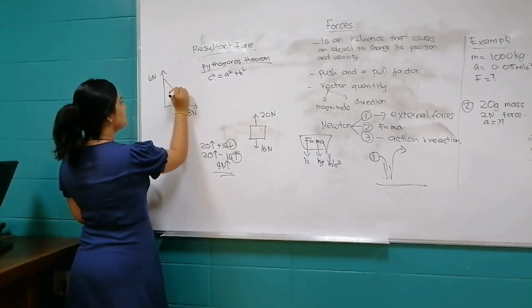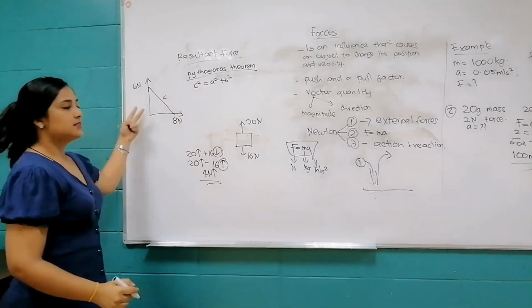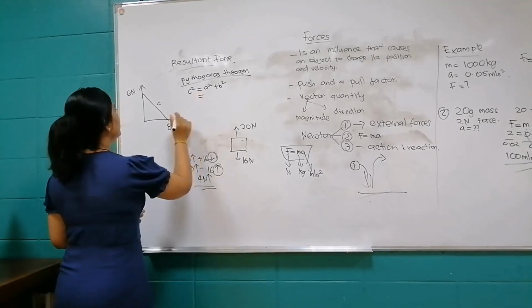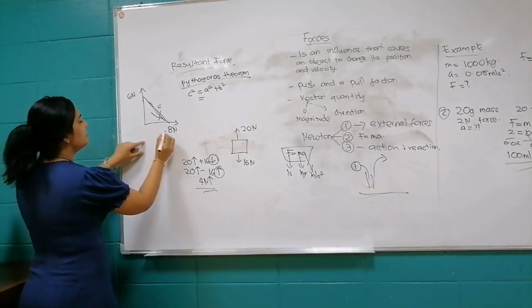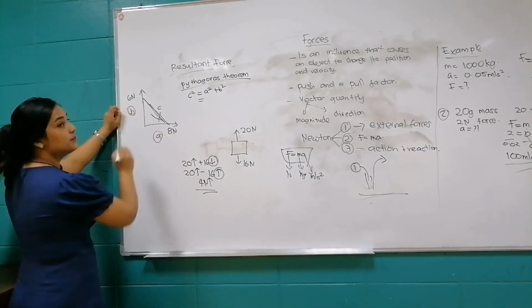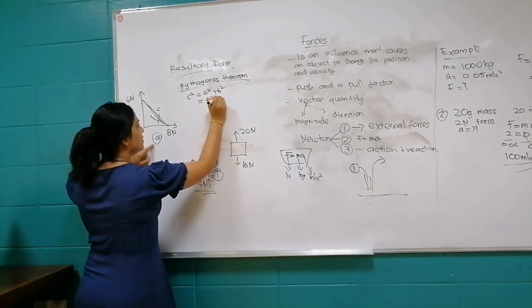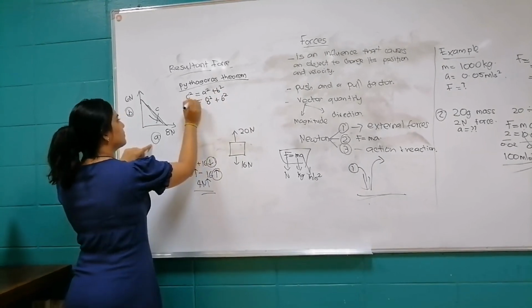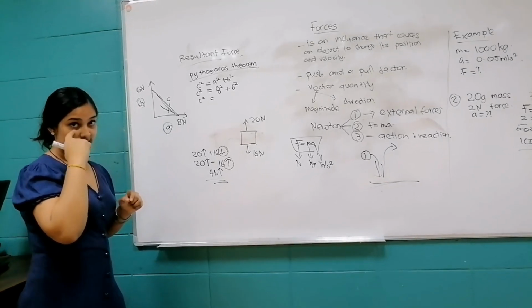This is your C. Your A is either this side and B is either this side, whichever you wish. In this case, we have to find this one, our resultant force. Let's say 8 newtons is our A and 6 newtons is our B. So 8 squared plus 6 squared.